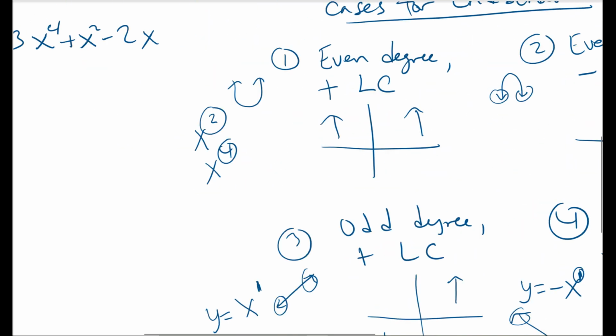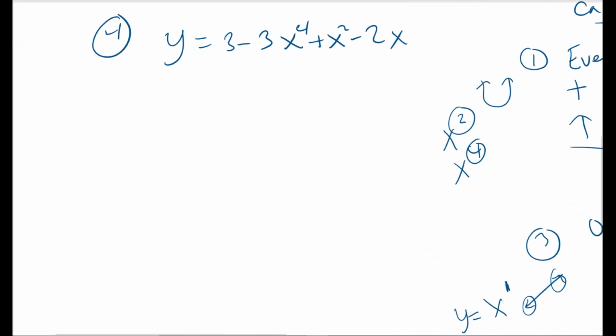So how does this relate to our problem? Well, you're going to identify the degree of number 4. So what's the degree? Degree is the highest power for a variable or combination of variables. So we have 4. The leading coefficient here is the number multiplying the highest power of x or whatever variable, which in this case is negative 3.